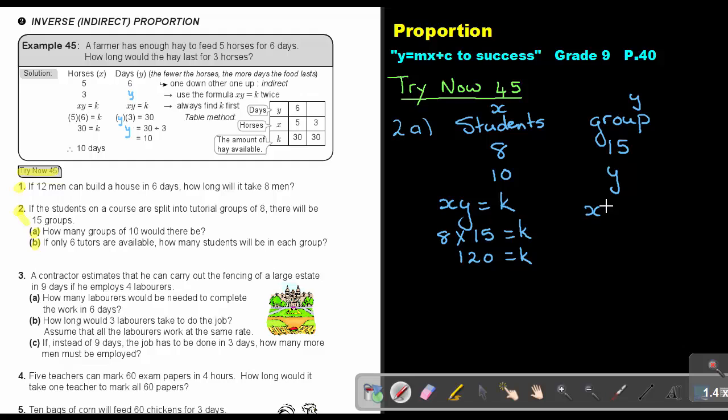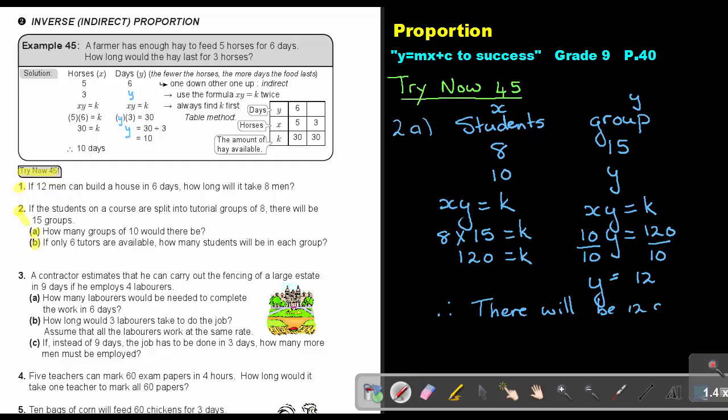Then I use this formula again. I put the 120 in as well as the 10, and I'm looking for Y. Then I solve the equation. I divide by 10, and the value of Y will be 12. So just ending, there will be 12 groups of 10 students.